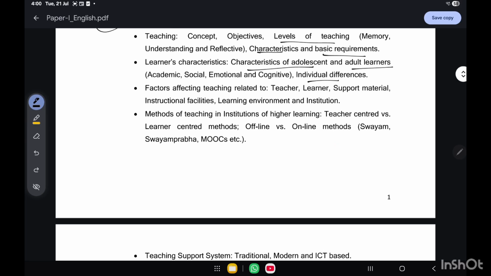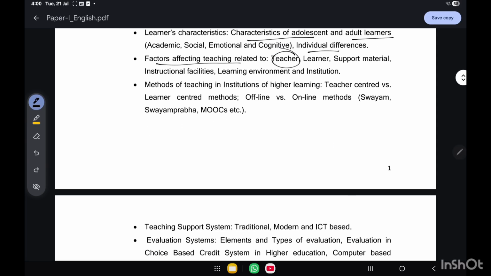You will learn about the factors affecting teaching, related to the teacher, the learner, support material, instructional facilities, and the learning environment and institutions. You will learn about methods of teaching, like offline versus online, teacher centered or learner centered methods.